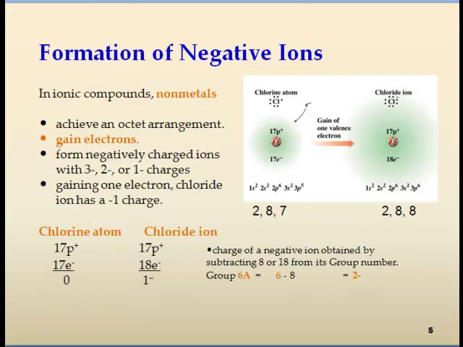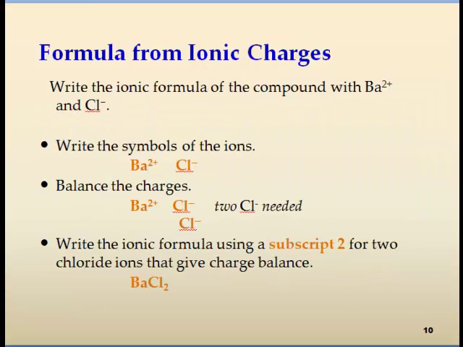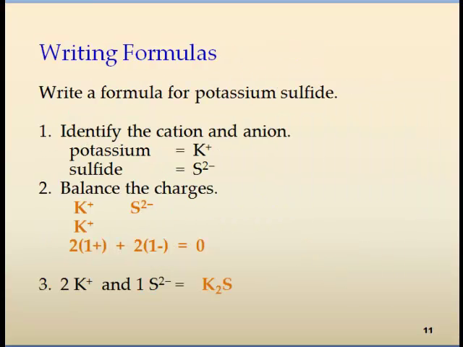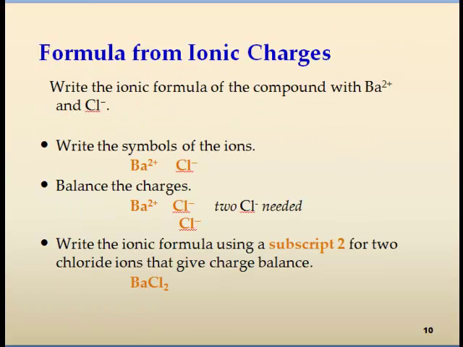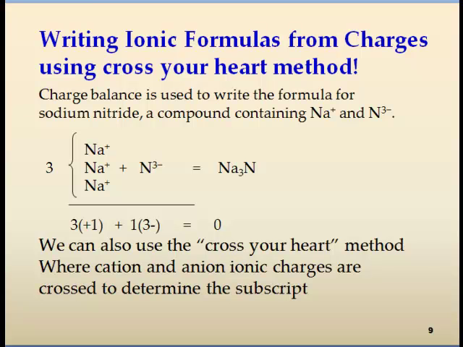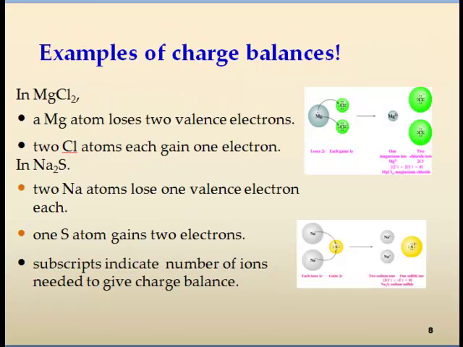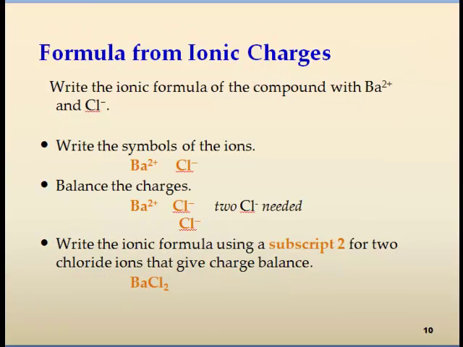I think I missed attaching a slide, so I'm going to go ahead and explain it to you up here, which is the negative charge one. Negatively charged ions are always present in group 5, 6, and 7.